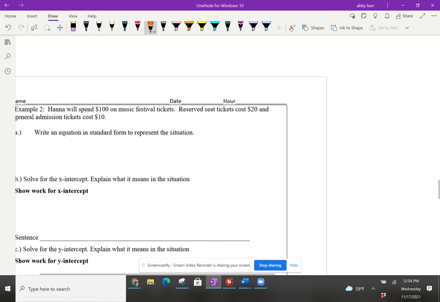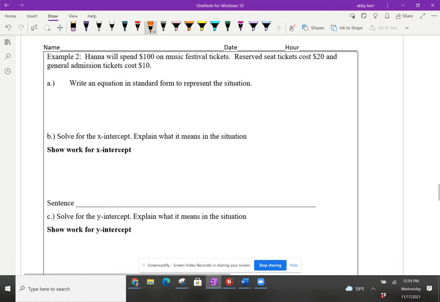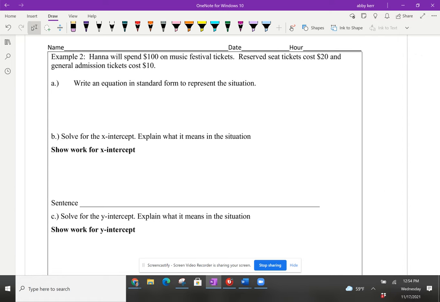My next expectation for this example is not only to be able to graph it, but also use the GUESS method to come up with the equation. So Hannah will spend $100 on music festival tickets.